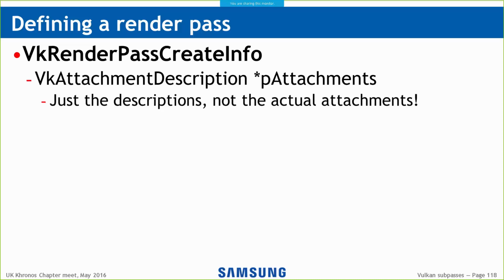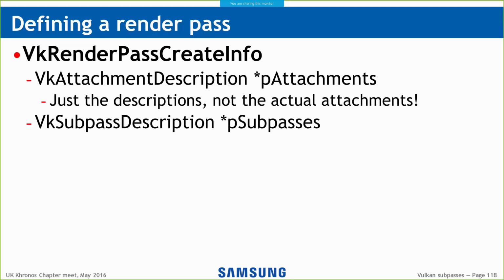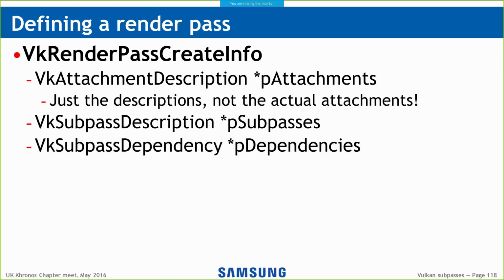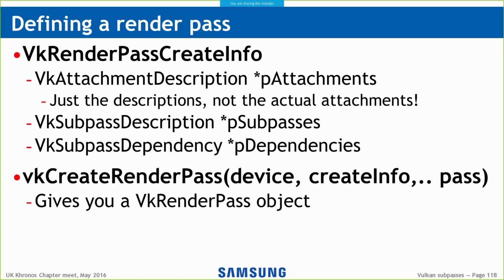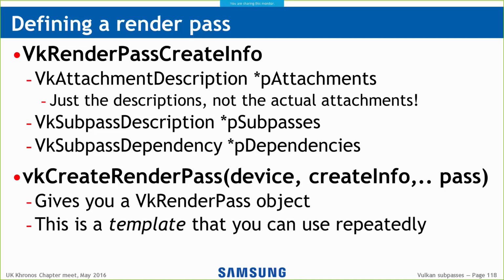It's just the descriptions of them, it's not the actual attachments at this point. The description of the subpasses that you're going to be using, and all of these in a set, and the dependencies between the subpasses. And then you create a RenderPass and you get a RenderPass out, which we'll show you how to use in a minute. So, reminder, a RenderPass is just a template that describes how you're going to be using the RenderPass, and then you'll instantiate that inside a command buffer later on.